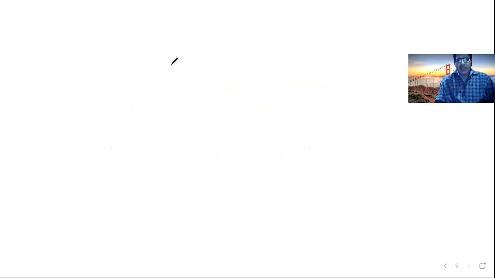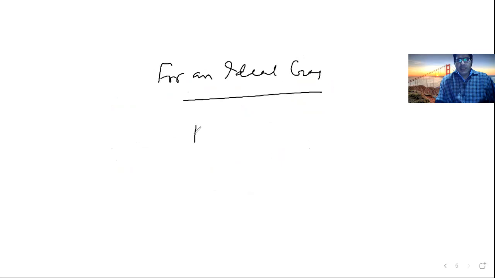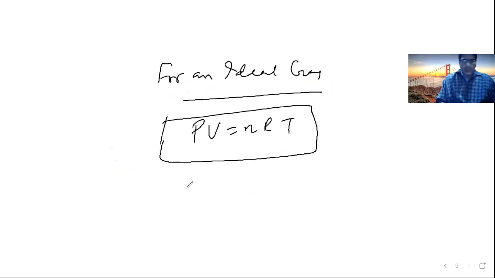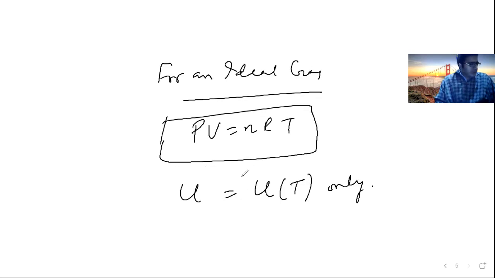For an ideal gas, in addition to PV is equal to nRT, its internal energy is function of its absolute temperature only. That means if I make change in internal energy of an ideal gas, its absolute temperature will change, right?